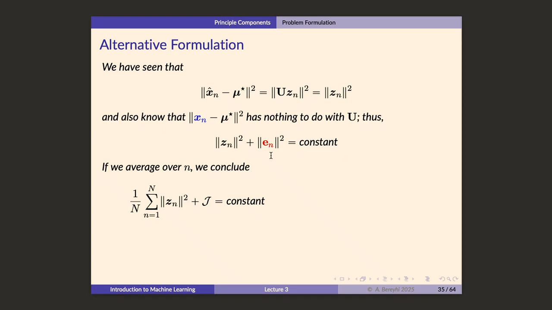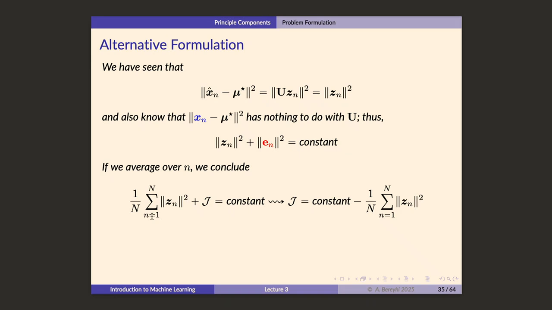Now, the summation of norms of En is your distortion, if I sum it up over n, and this other term only depends on your z, and this is going to be something constant. Or in other words, my reconstruction error is simply some constant minus that average of norms of my latent representations. So now, if I want to minimize J, what can I do instead of that?